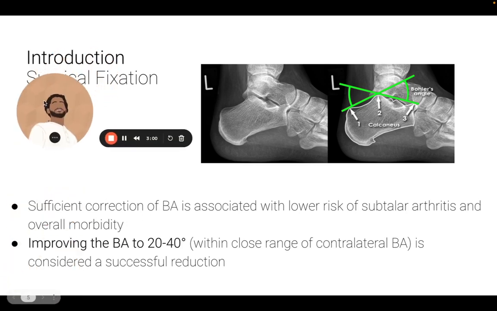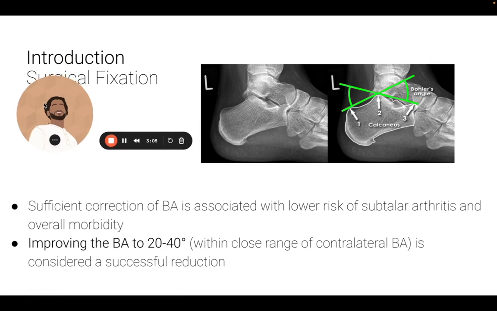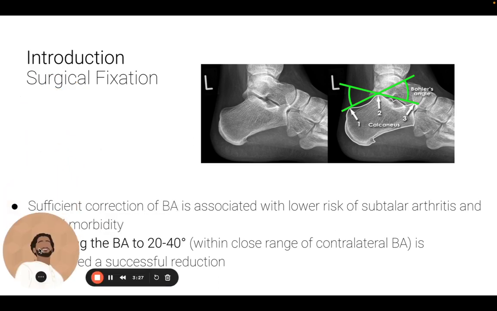Usually what the literature says is that Bohler's angle should be between 20 and 40 degrees. That's the physiologically normal range. However, it is important to note that people usually have a very similar Bohler's angle bilaterally on both calcaneuses.